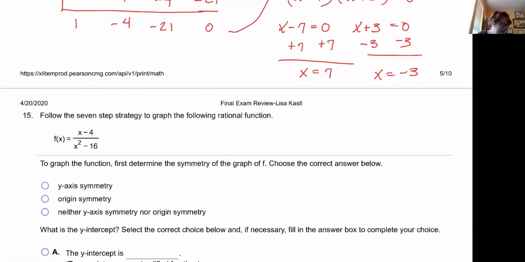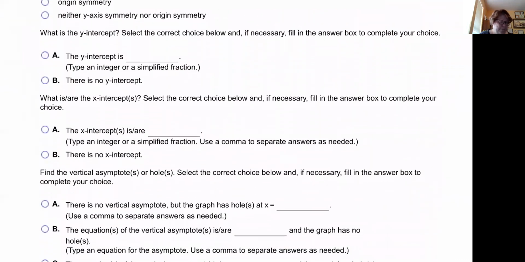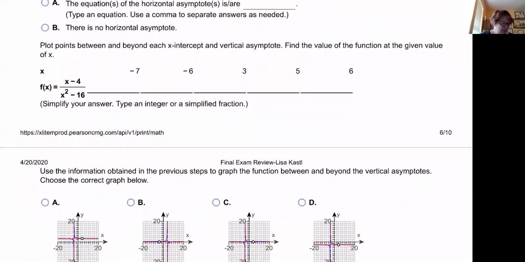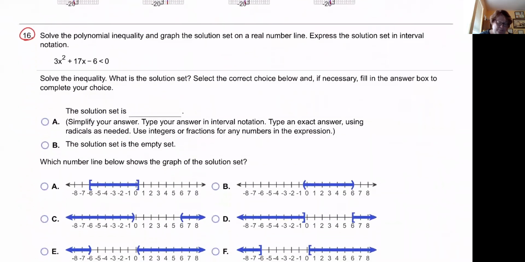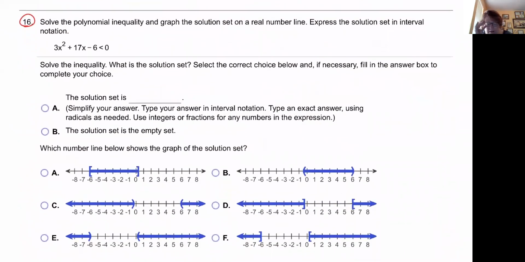All right, the next problem we're going to do is problem 16. Solve the polynomial inequality and graph the solution set on a real number line.